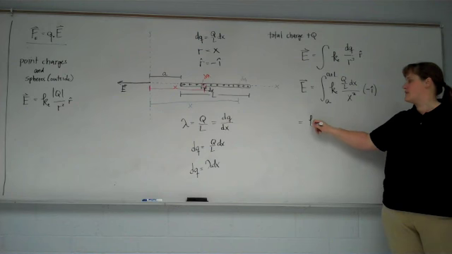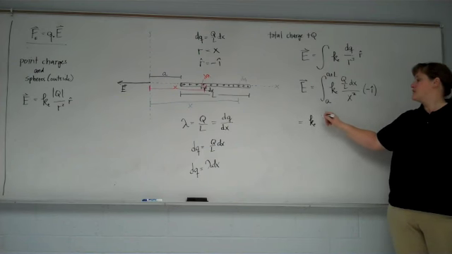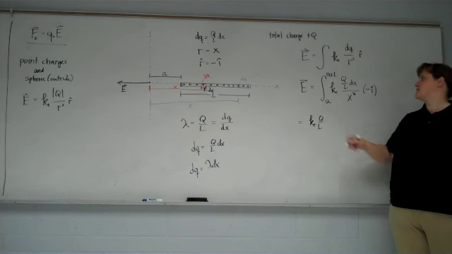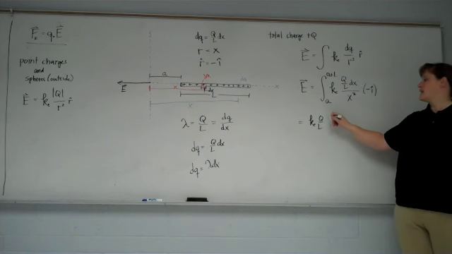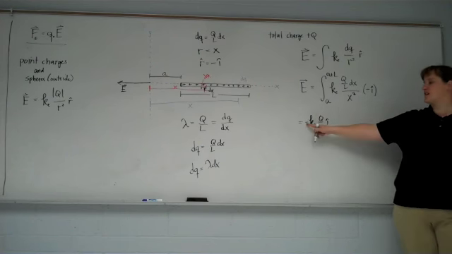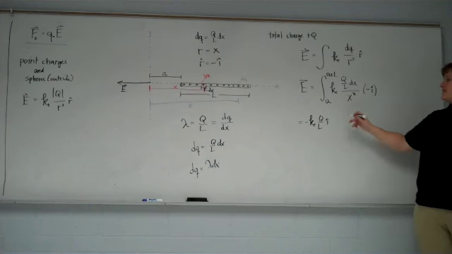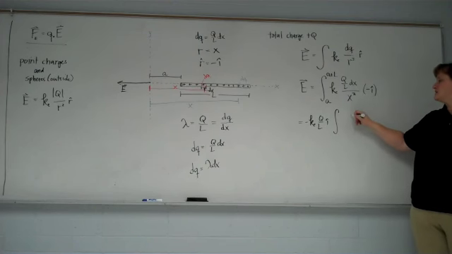The KE will come out. The Q over L, those are constants, so they'll come out. The negative I hat will come out. I'll just put the negative sign in front. That leaves us with 1 over x squared dx from A to A plus L.